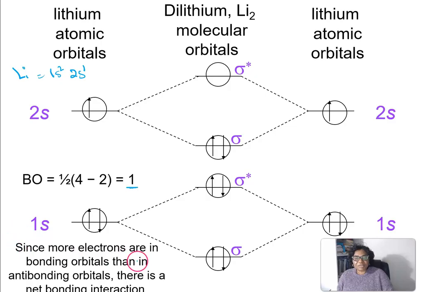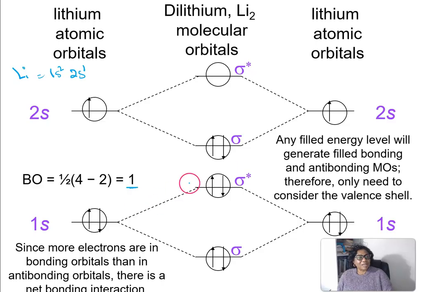Since more electrons are in the bonding orbital than in the anti-bonding orbital, there is a net bonding interaction. Any filled energy level will generate filled bonding and anti-bonding orbitals. Therefore, we only need to consider the valence electrons. Because this 1s is filled, it produces bonding and anti-bonding orbitals which cancel each other.